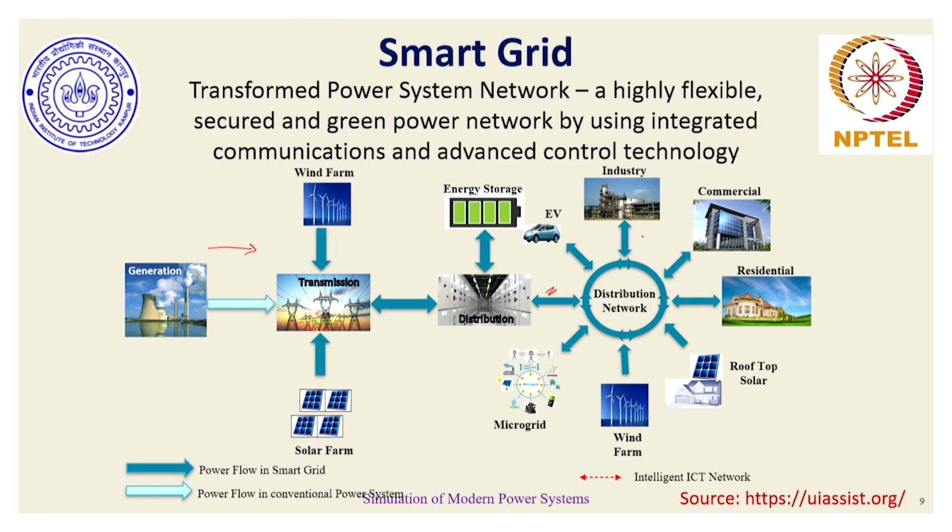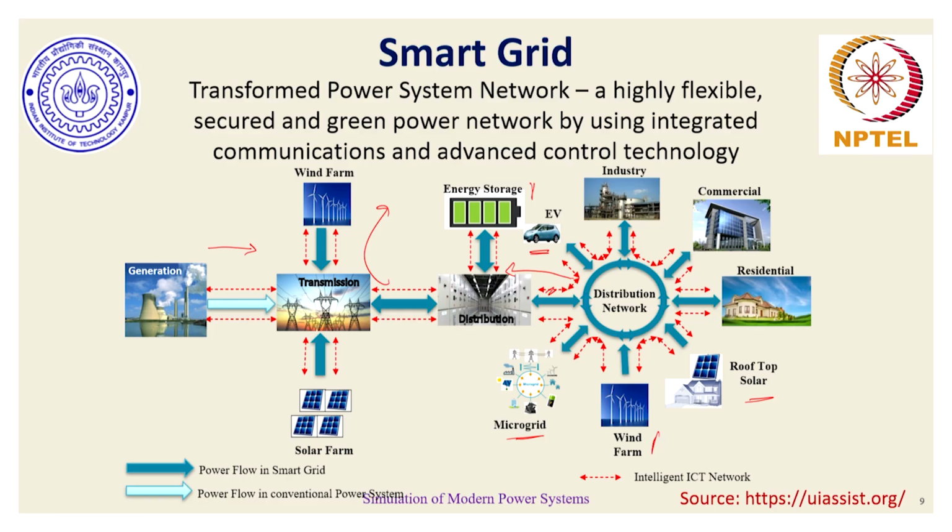In fact, distribution networks, thanks to electric vehicles, storage devices, microgrids, wind farms, solar rooftops, can result in excess energy at the distribution end, which can backflow from the distribution network through the transmission network to another parallel distribution network, and hence energy exchange can happen efficiently. That's what is meant by bidirectional power flow.